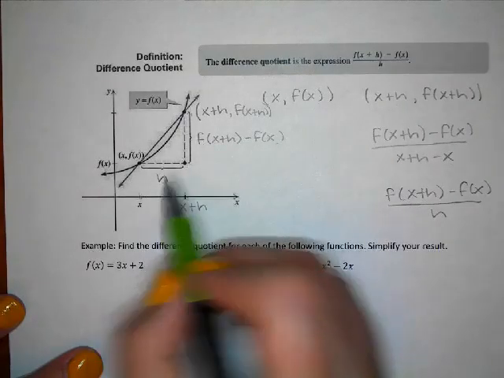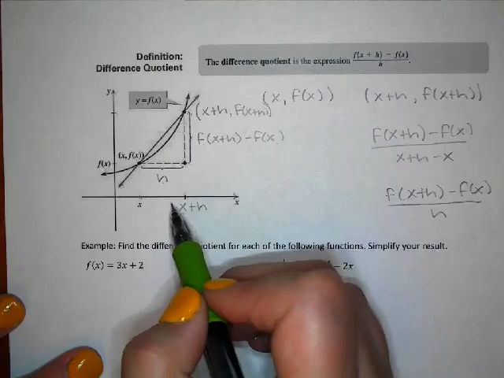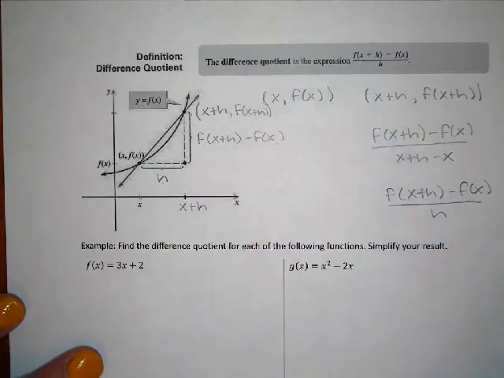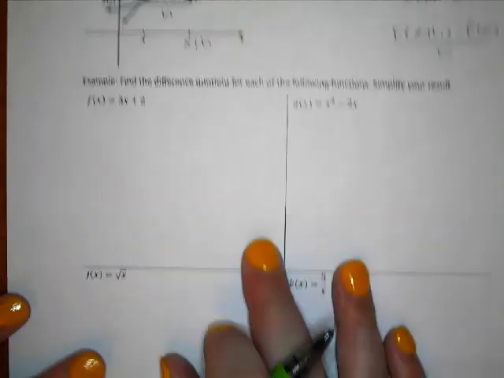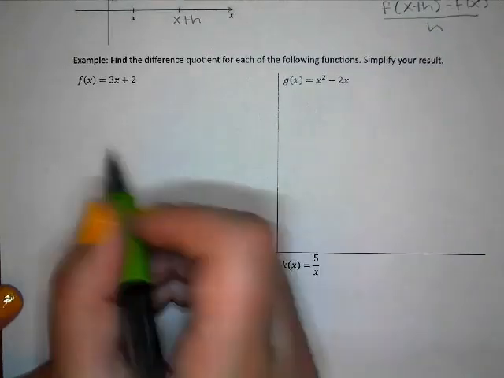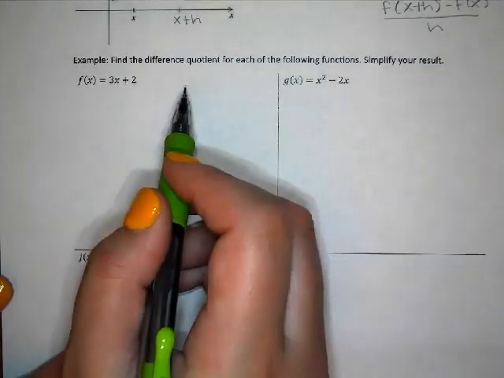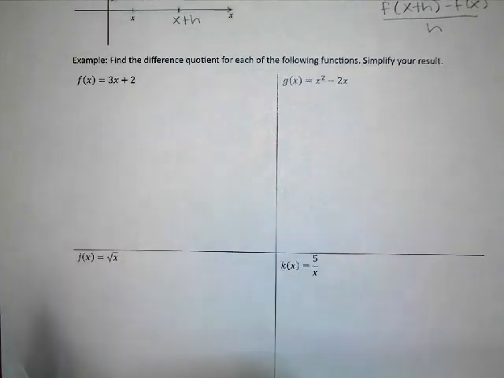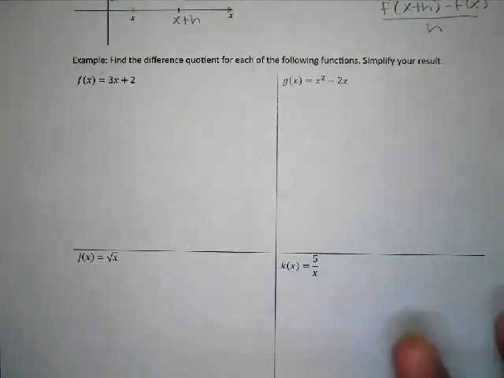It would be your approximate slope or your average rate of change on the curve. So for these examples, they're asking us to find the difference quotient, which is just asking, hey, can you give me a formula where I could find the slope between 2 points if I wanted it? So that's what we're going to do.